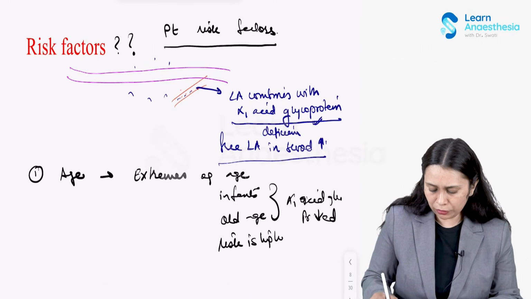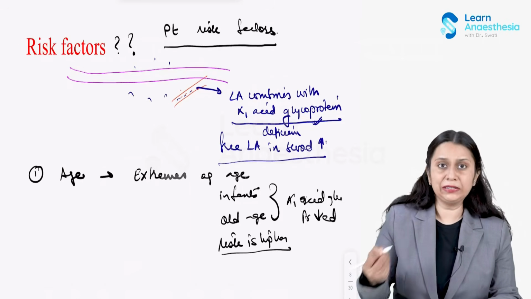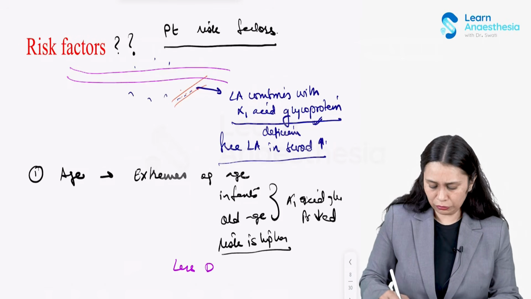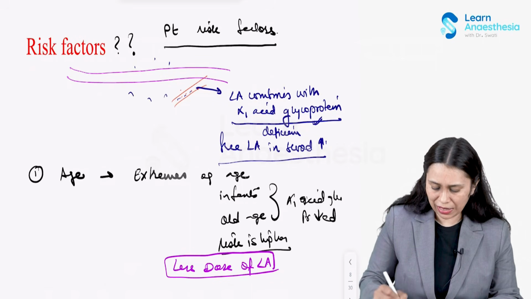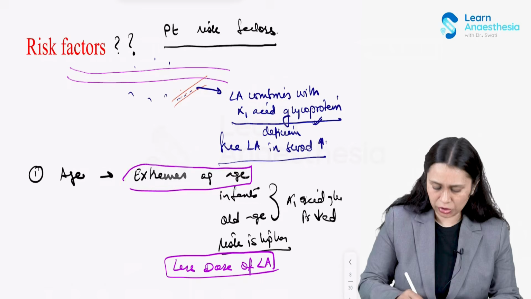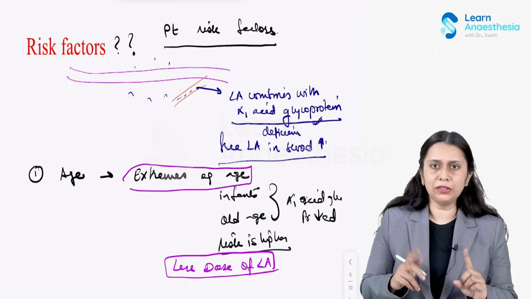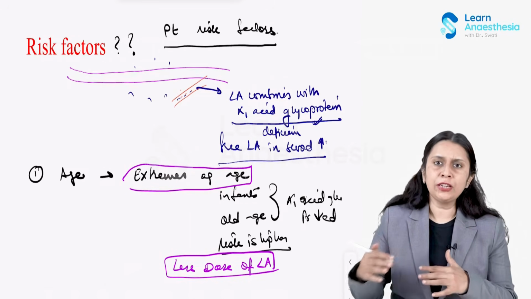So what do we have to do? We have to give a lower dose of LA at extremes of age. So this is the first risk factor, the age, and we need to take precautions.